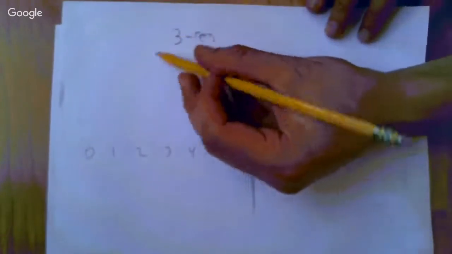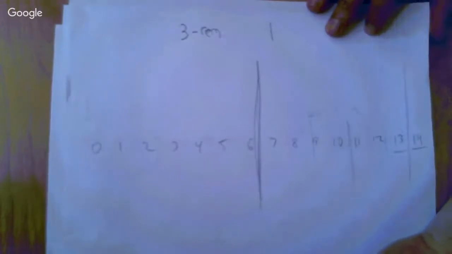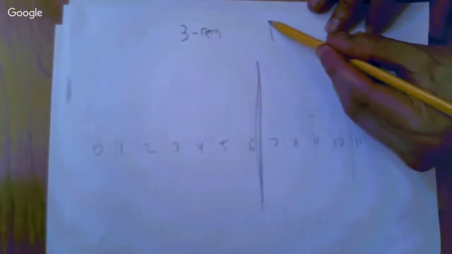Anyways, 3 minus the remainder will give us, in this case, the remainder is 2, so it'll give us a value of 1. So let's say we add that to the value. So 9 plus 1 would be 10, because we want it to essentially be the 10th spot, so that makes sense.